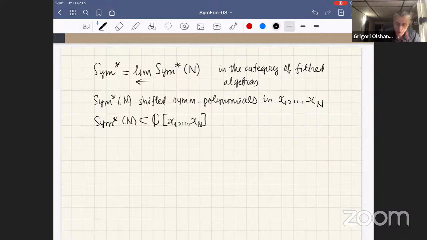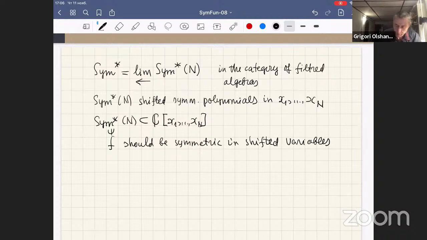And with the property that our polynomial should be symmetric in shifted variables, after a shift, say x tilde, which is by definition xi minus i plus a constant c.